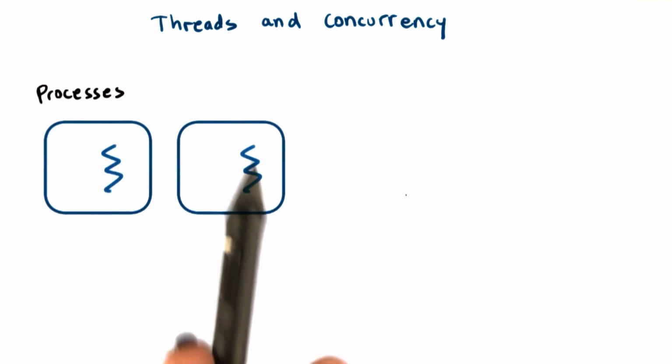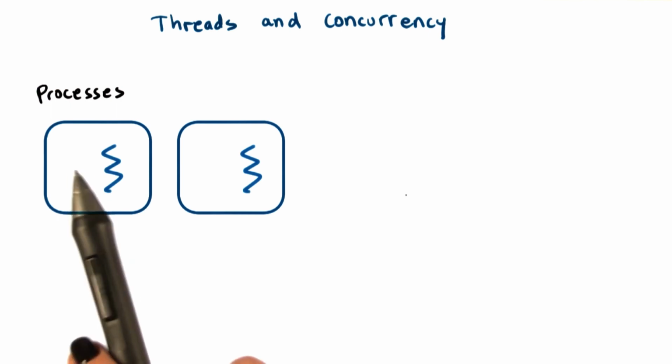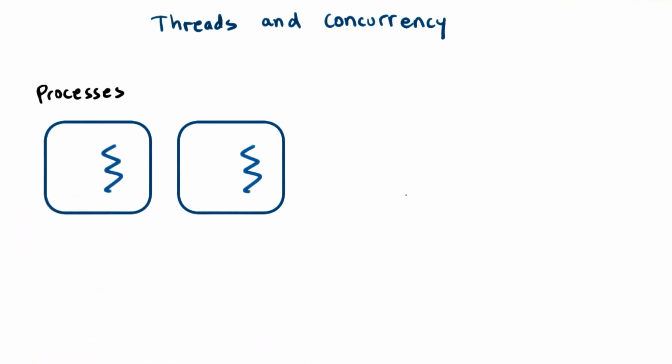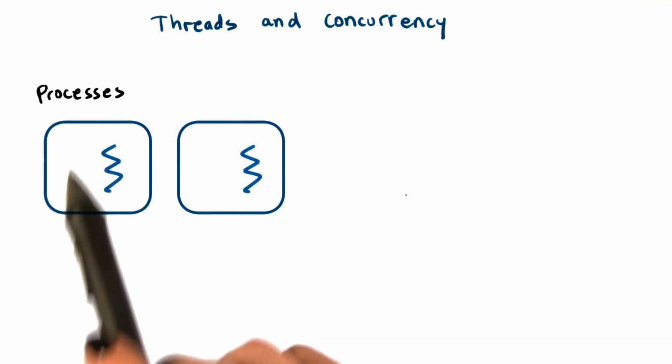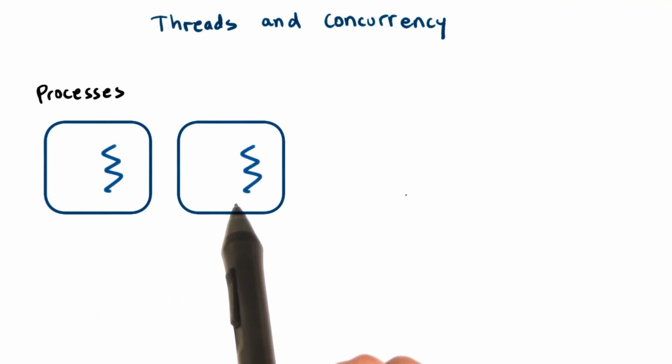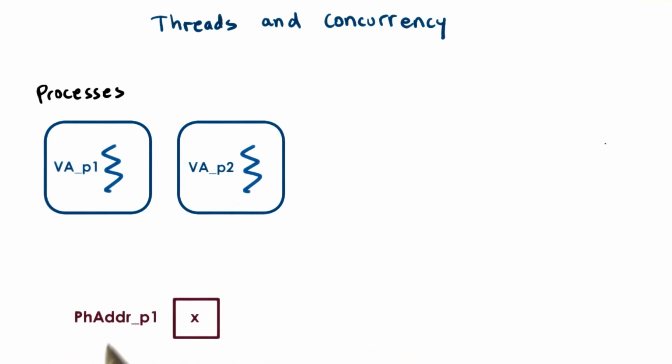When processes run concurrently, they each operate within their own address space. The operating system, together with the underlying hardware, will make sure that no access from one address space is allowed to be performed on memory or state that belongs to the other address space. For instance, consider a physical address X that belongs to the process 1 address space.